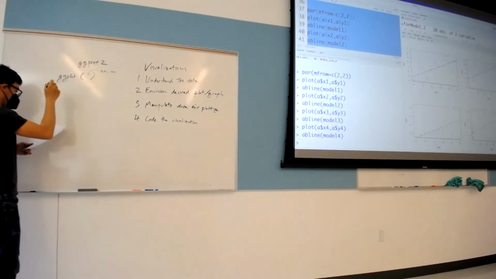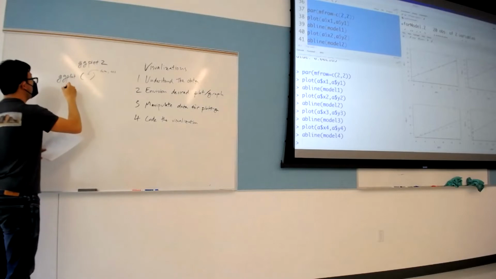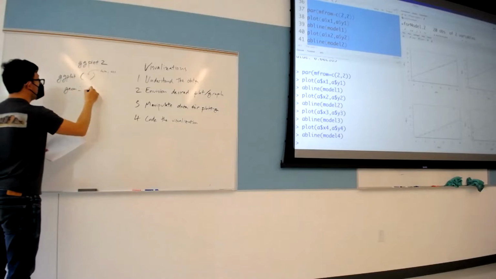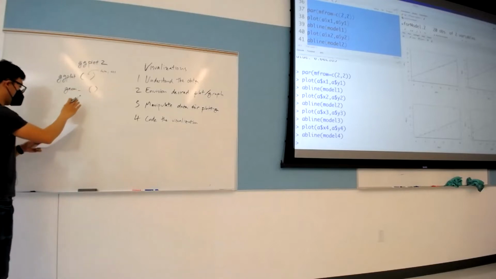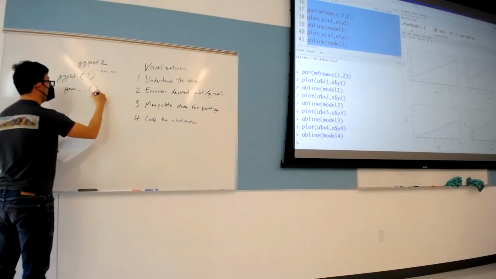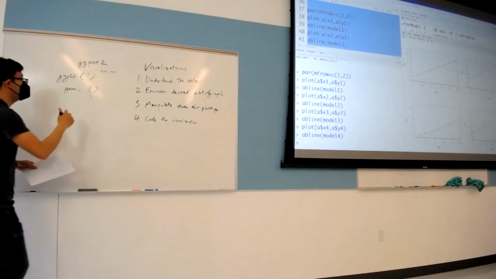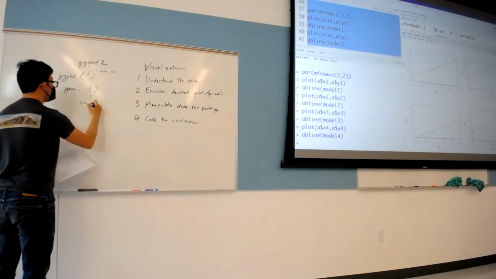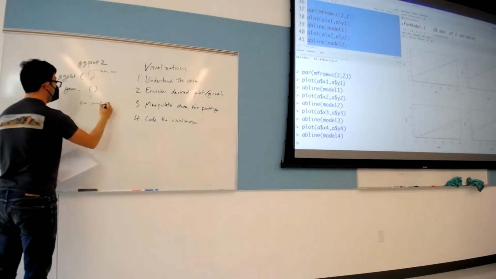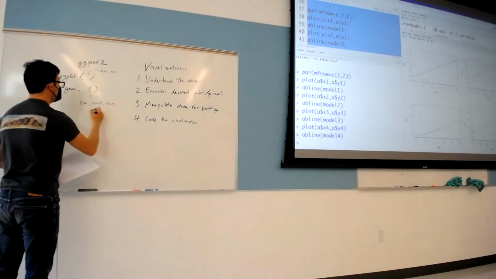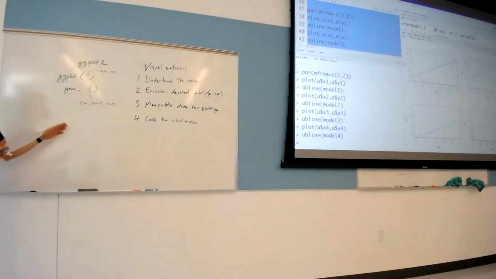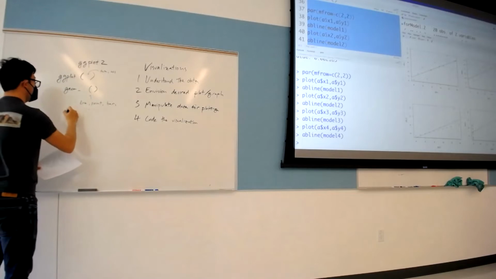We have geom, and this is what you put to decide whether you want a line graph, a point graph, a bar graph, and so on. There's a ton of options here. And then everything else is all about tidying up the plot.